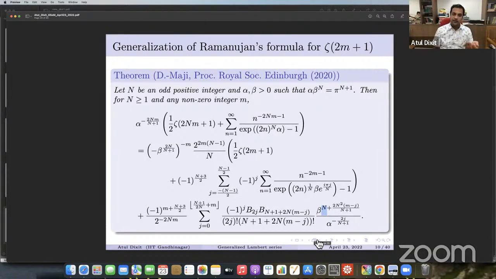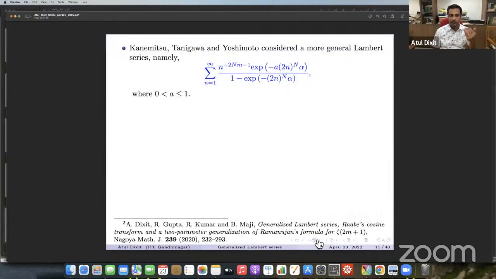Okay, we also worked further with even more general Lambert series that was considered by Kanemitsu, Tanigawa, and Yoshimoto. And that is having an extra parameter here, a, something which is reminiscent of the parameter a in Hurwitz zeta function. And if you have guessed it, that is right, because Hurwitz zeta function plays a role in here as well.